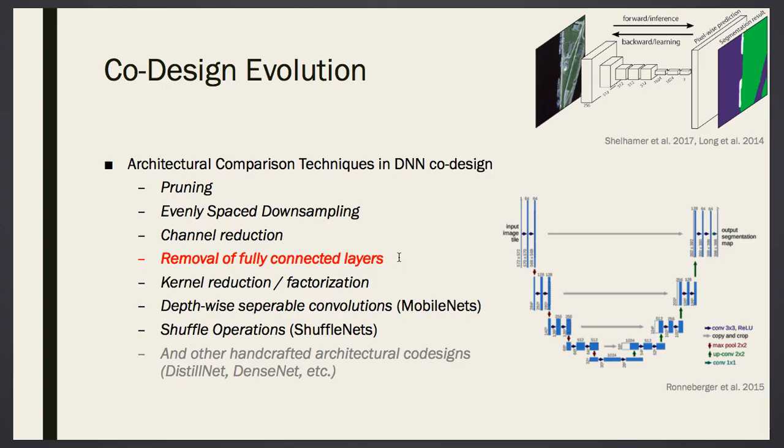Those of you who took the previous semester's course will remember that much of the calculation in AlexNet or VGG-D is done in the fully connected layers. Actually, we talked about this in the first weeks of this course as well. So the second step was getting rid of the fully connected layers. We made the spatial dimensions smaller, we made the depth smaller, and we got rid of the fully connected layers.